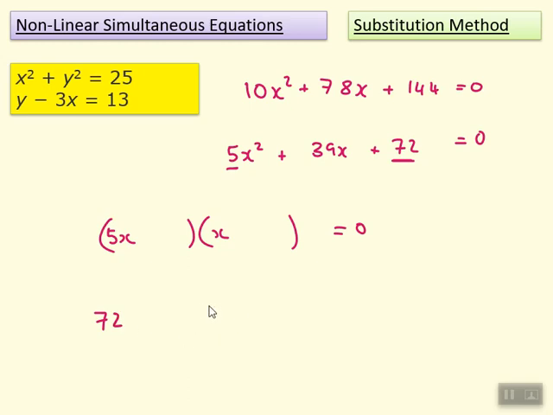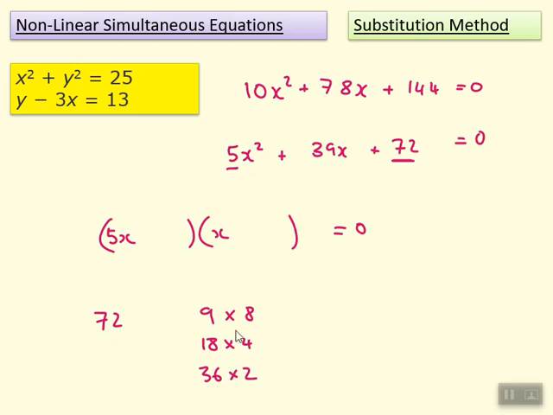Well, you've got 9 times 8, and then you've got 36 times 2, that multiplies to 72. And what else have you got? You could have 18 times 4. I think there's probably more, but I just can't think off the top of my head at the moment.